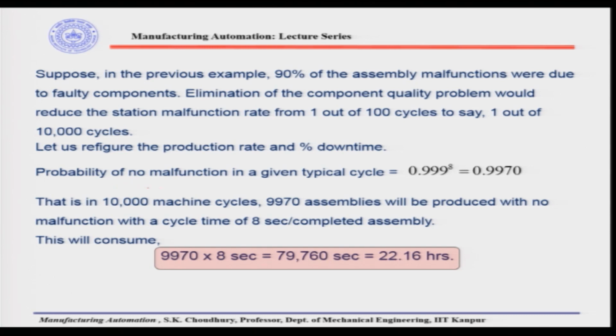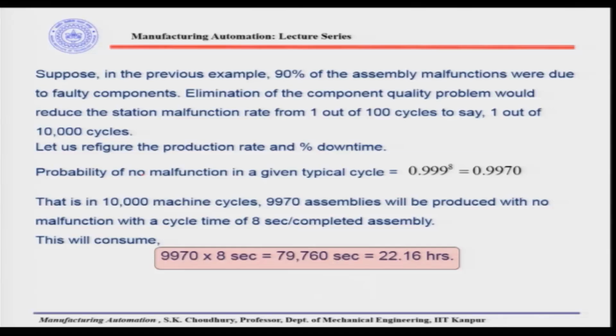Now, the probability of no malfunction in a given typical cycle will be 0.999, because 1 out of 10,000 cycles it is malfunctioning. So, 10,000 minus 1, which is 9999, it will function. That means no malfunction, it will be 0.9999, and all the 8 machines have to be in the non-malfunctioning position.